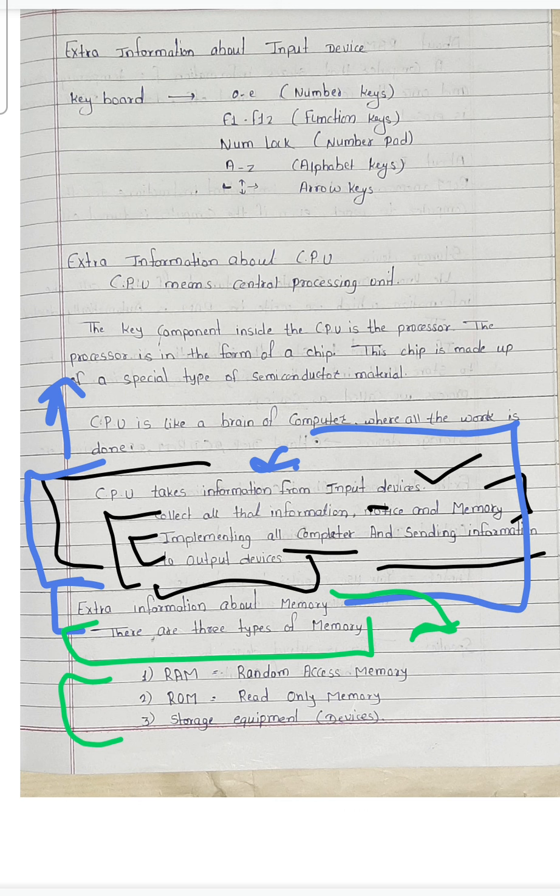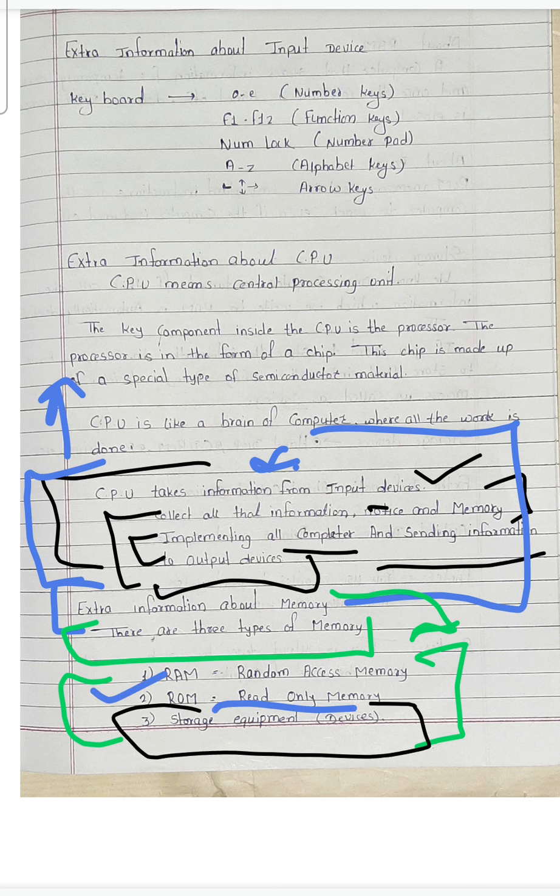There are three types of memory: RAM, meaning random access memory; ROM, meaning read only memory; and the third one is storage equipment or storage devices. RAM and ROM will be covered in part three.